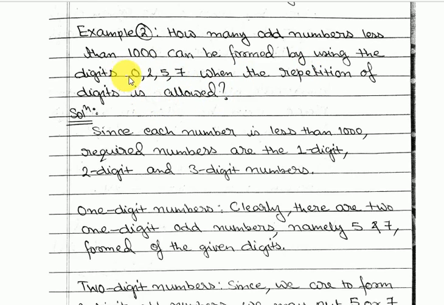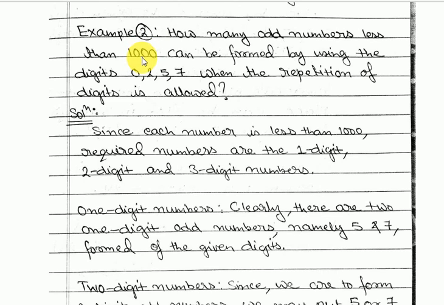That means if you are taking a 2-digit number, then you can write 55, 77. So this repetition is allowed over here. Here we have to take odd numbers less than 1000. So we can have 1-digit, 2-digit, 3-digit numbers, but we cannot have 4-digit numbers.